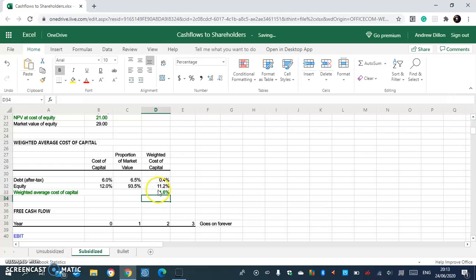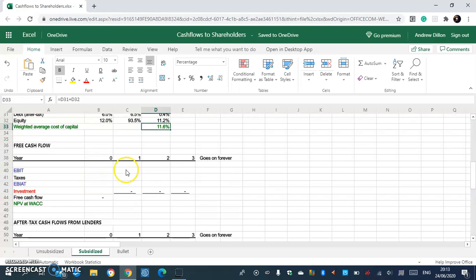The answer is 11.6%. As you see, it's 0.4% and 11.2% for equity and debt after tax. And the answer for the weighted average cost of capital will be 11.6%.